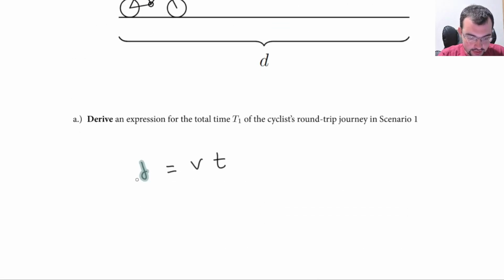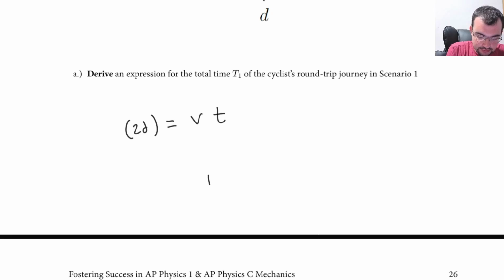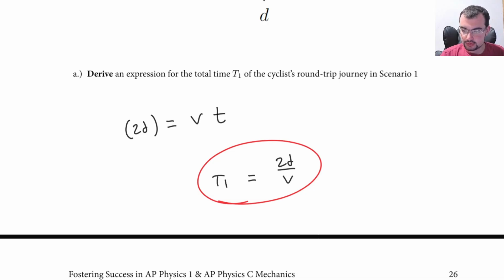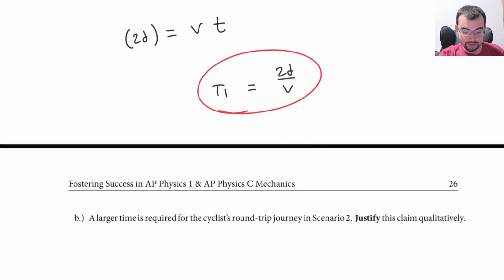And in this case, the cyclist is going a distance 2d because they're going down the road and back. So t1 is simply equal to 2d divided by v, as they go 2 road distances, and we divide by the same constant speed.